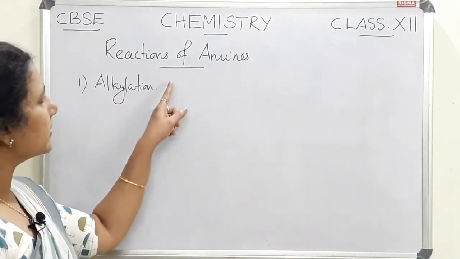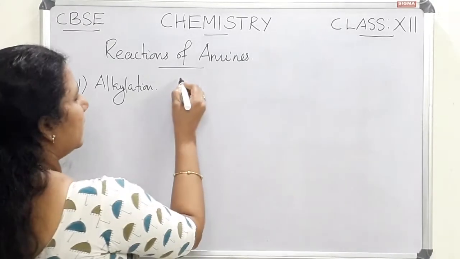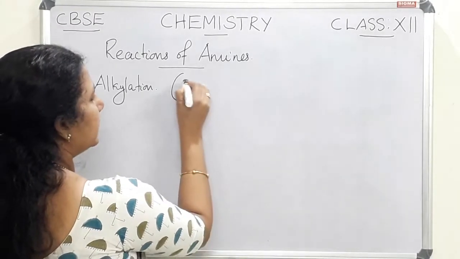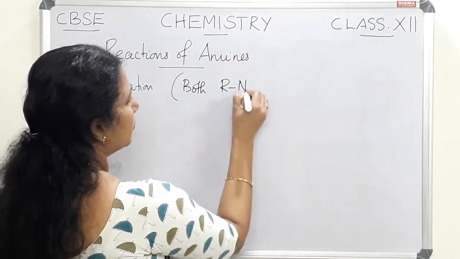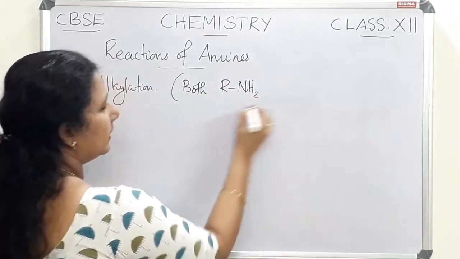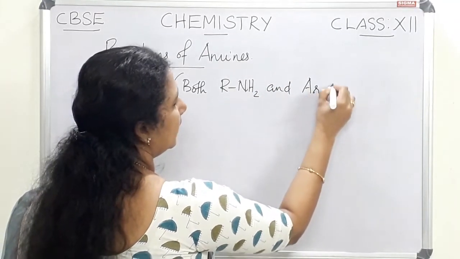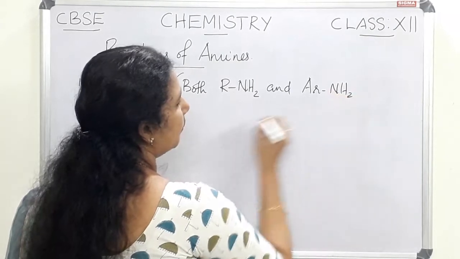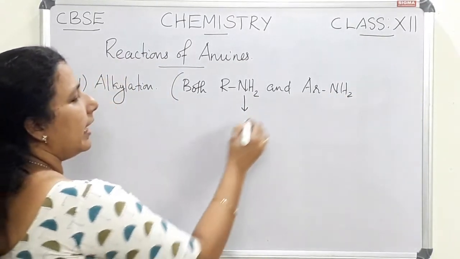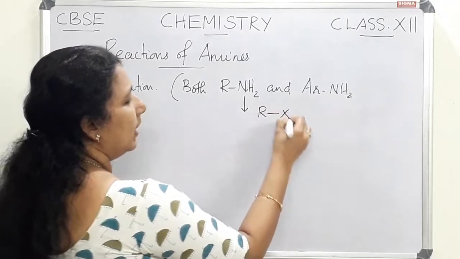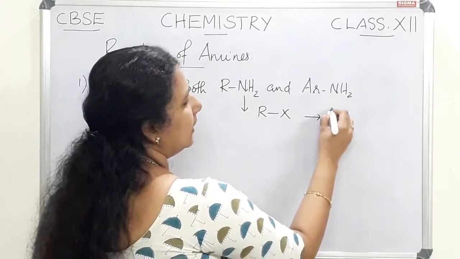Now let's see the reactions of amines. First one is alkylation. In the case of alkylation, both aliphatic amines, RNH2, and aromatic amines, ArNH2, react with alkyl halide RX to produce alkyl derivatives.